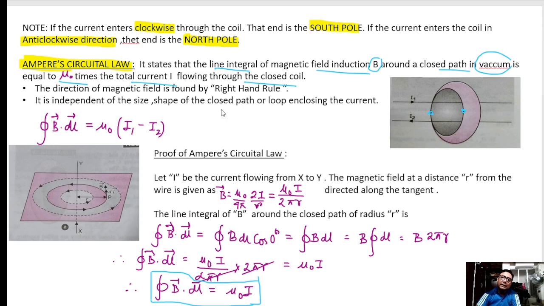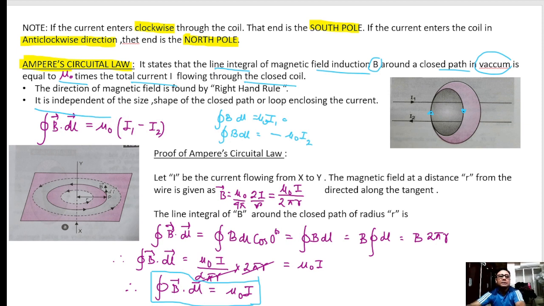So due to the clockwise, I can tell the magnetic field will be mu0 I1, and due to the anti-clockwise the magnetic field will be minus, because the direction is opposite. So due to both the wires, what is the magnetic field? This is the magnetic field. Clear? Okay. So please remember, due to both the wires, the magnetic field is this.